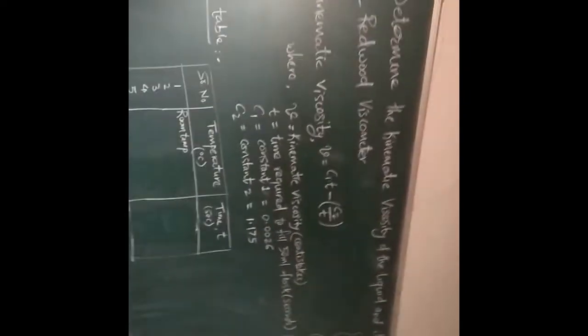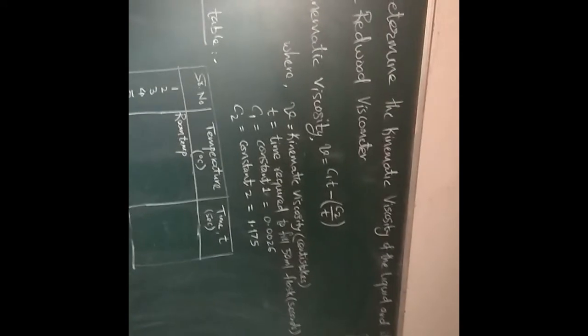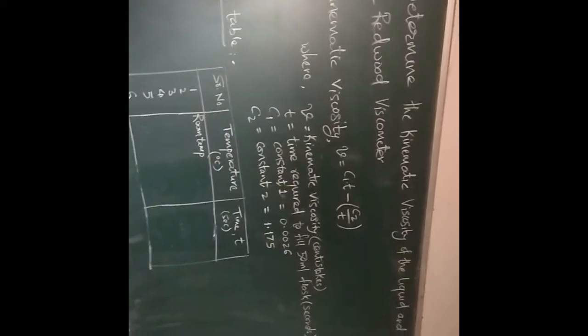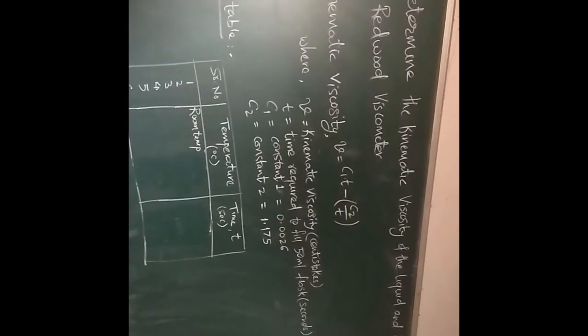So we have this observation table and the procedure to be done. The aim is to determine the kinematic viscosity of the liquid. The apparatus is the Redwood viscometer.